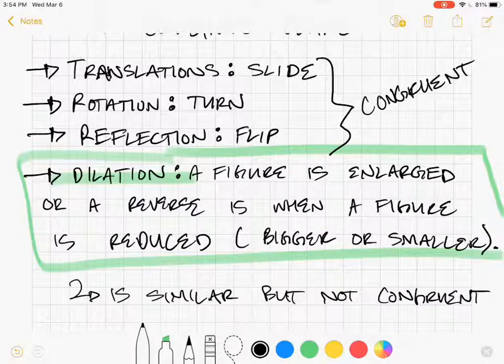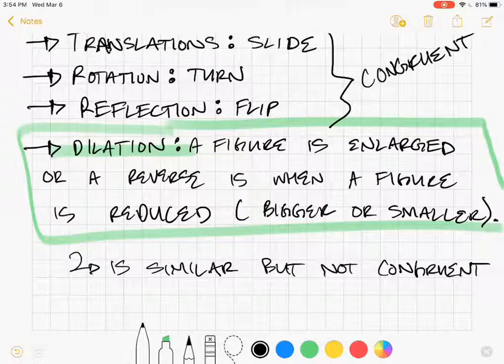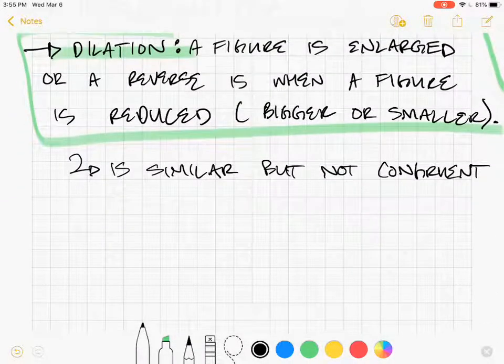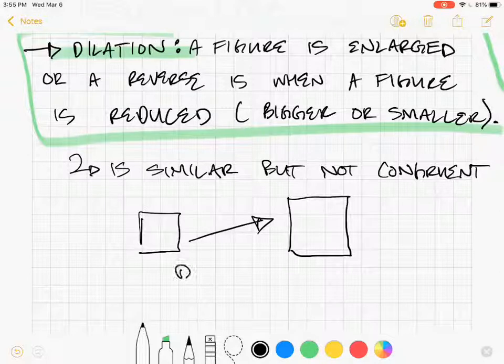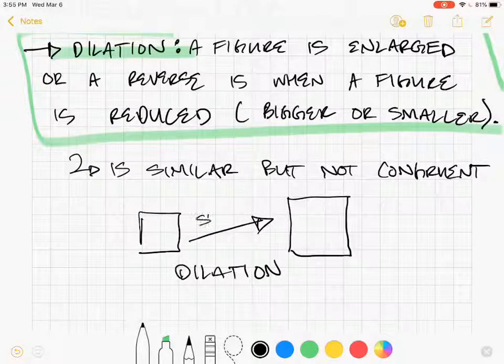It's going to be a similar square, meaning it's going to have the same ratio and proportions, but it is not going to be congruent. Let's do a quick little example. So a square like this, if you dilate it, that's a dilation. It got bigger, and it's similar, but it's not congruent.